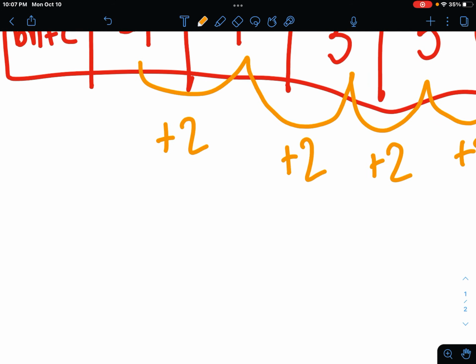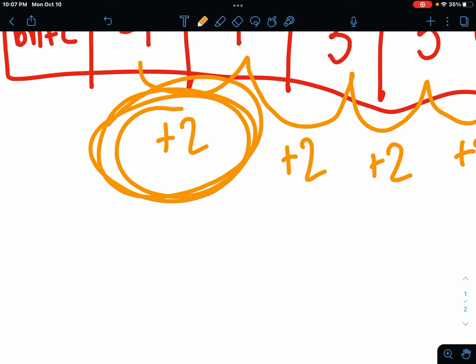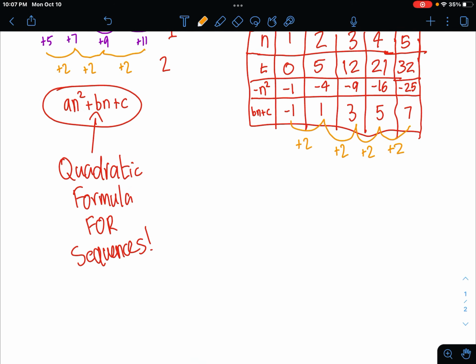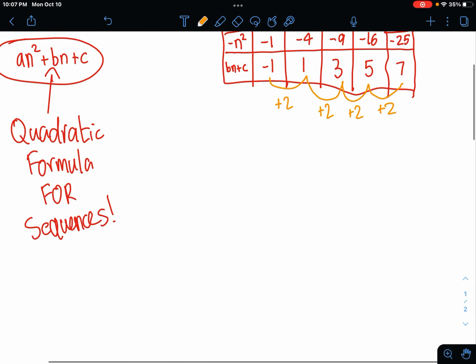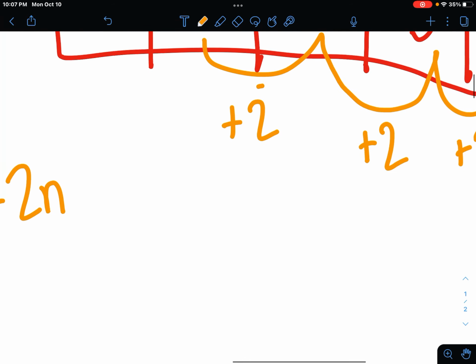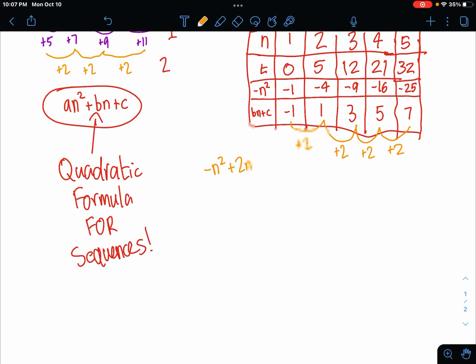And now, guys, the number that you get right here is going to be your b value. So far what we have is -n squared plus 2n. Because now we finally got this number, what we're adding by, now we can plug that into our formula.